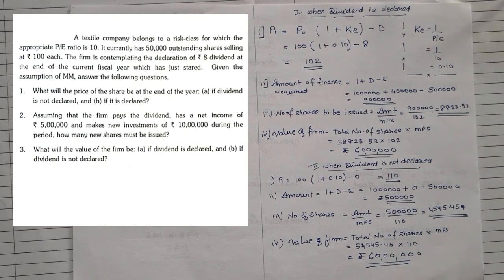Sometimes they can even ask, if the dividend is declared or not declared, will the value of the firm change? So based on the values you have got, you can give a comment on it. So this is how you had to solve the sum based on the Modigliani Miller method. Again, very simple, just remember the steps and the formulas that I have given you.